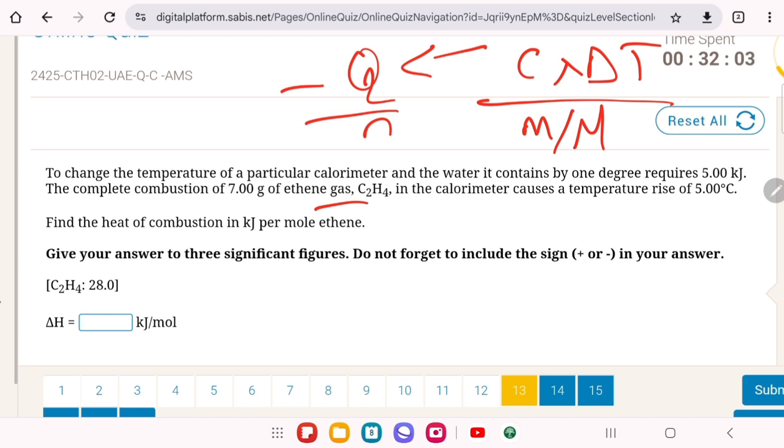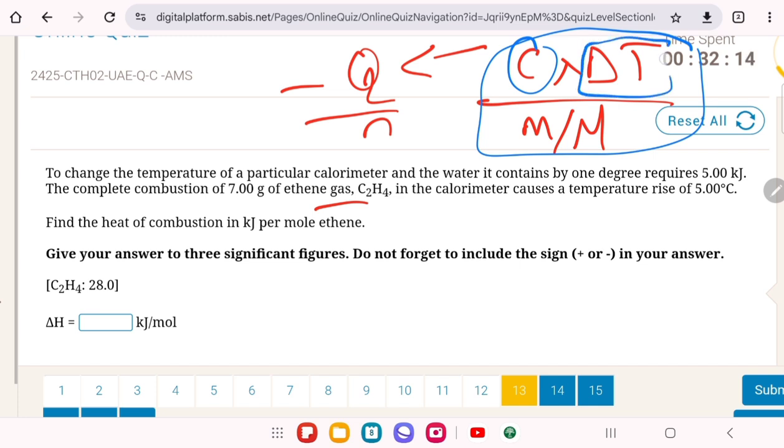So if we're going to take this equation, remember the C is the energy needed to raise 1 gram by 1 degree. The delta T is temperature final minus temperature initial, and N is mass over molar mass.